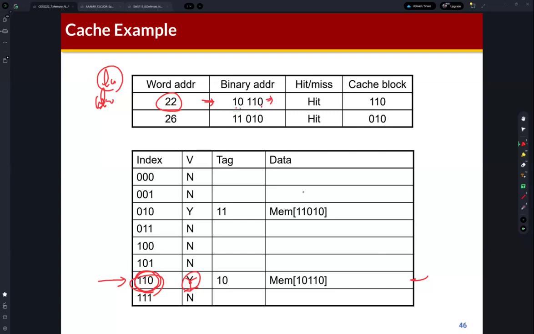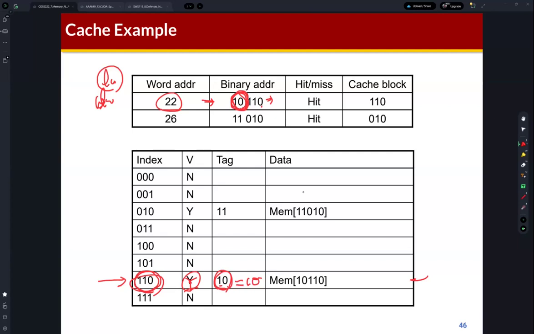Then we need to compare the upper bits as the tag, right? So we compare this 10 with the tag stored in the cache, 10, and we find that the tag is the same.